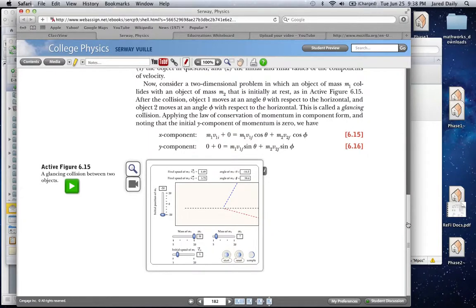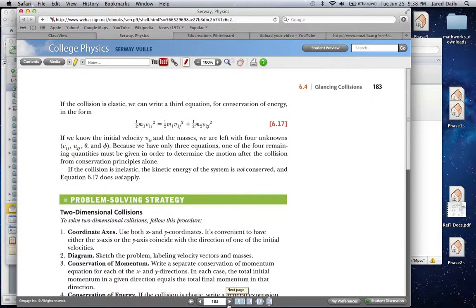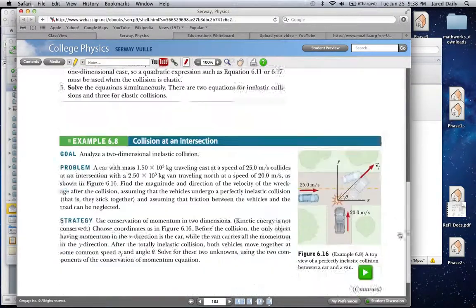Now, conservation of energy is still valid, but it doesn't care about direction. You'll still be able to use it, but it's just one equation. You have to work twice as hard in the momentum section, but you still have the same thing going in the kinetic energy equation, conservation of kinetic energy.